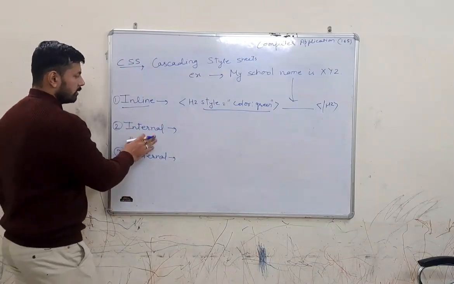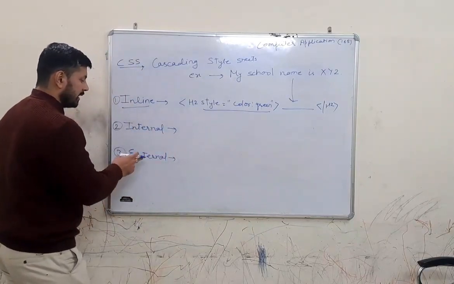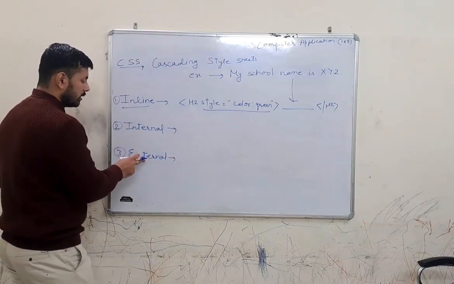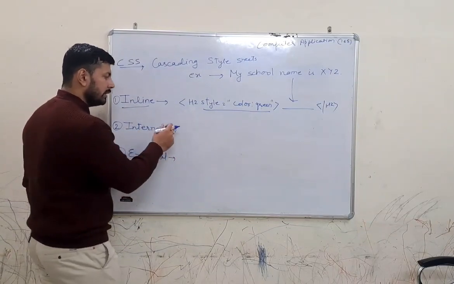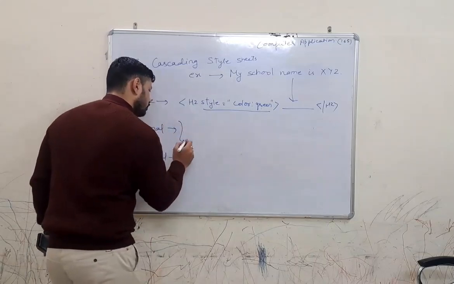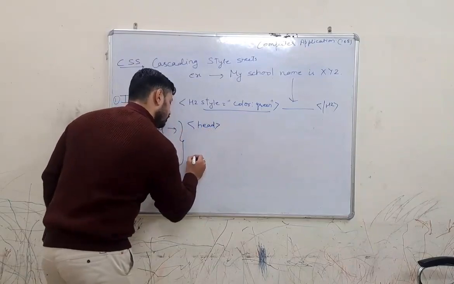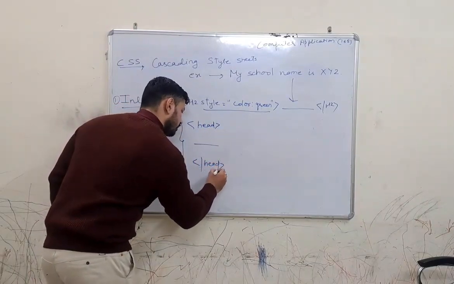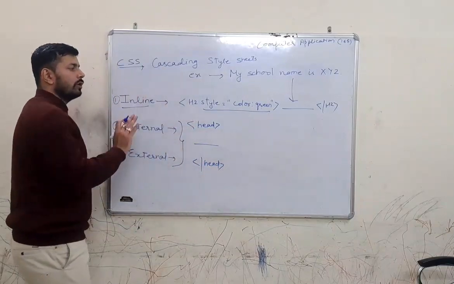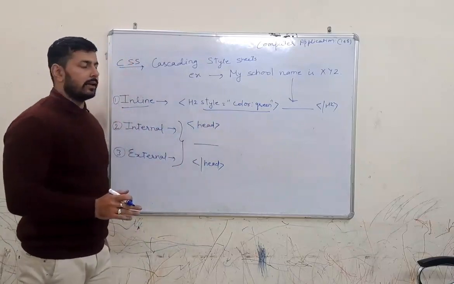What is the internal CSS? In internal CSS, as I explained, the common thing between internal and external CSS, which is for both, we mention inside the head tag. Okay. In inline, we don't have to add inside the head tag.